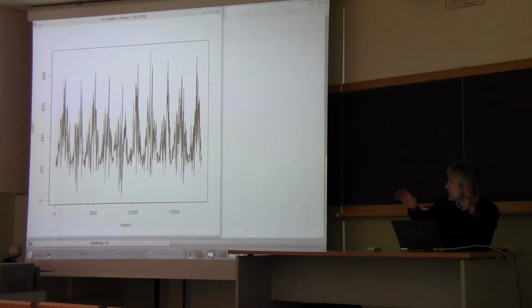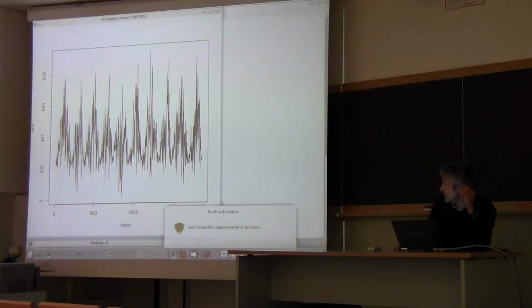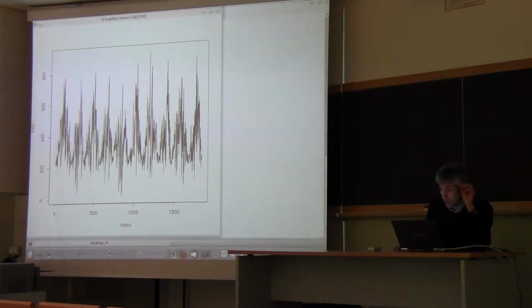So this is a river flow series. And basically, what can you see looking at this graph? You can see that there is a strong seasonality. It's clearly visible because these are 5 years of data, and you can see that there are about 10 periods of high flows.